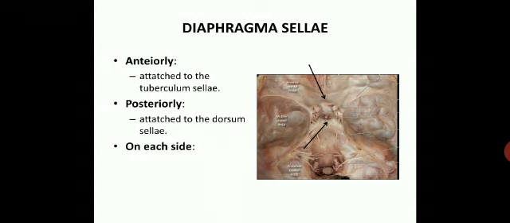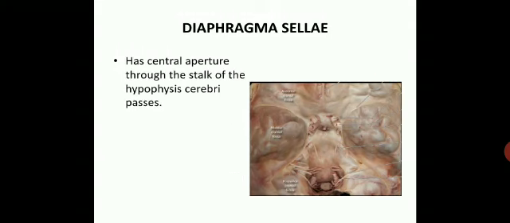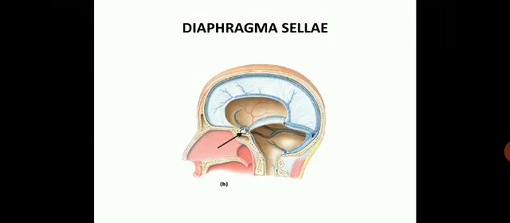On each side, it is continuous with the dura mater of the middle cranial fossa. It has a central aperture through which the stalk of the hypophysis cerebri passes. In this diagram, we can see the pituitary gland in the pituitary fossa and its stalk piercing the diaphragma sellae.